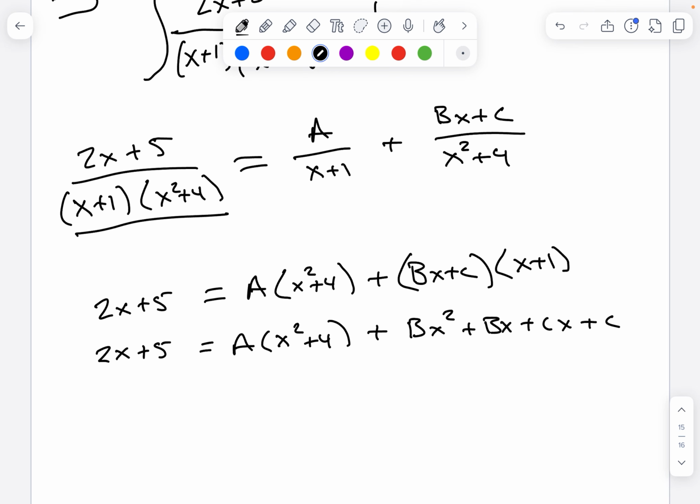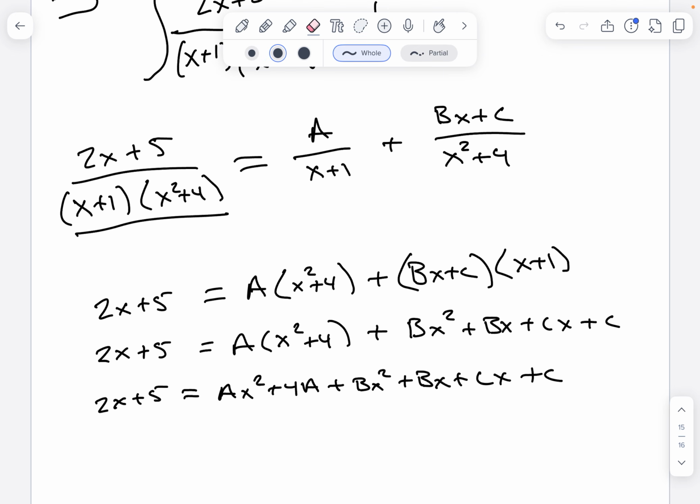I can simplify this even further to be Ax squared plus 4A plus Bx squared plus Bx plus Cx plus C. Now I want to get it in the form of the left side, so I want numbers times x, and then I want numbers or letters times a non-x value.